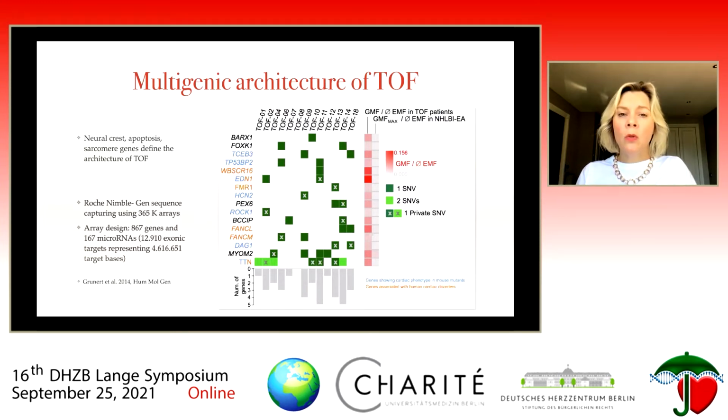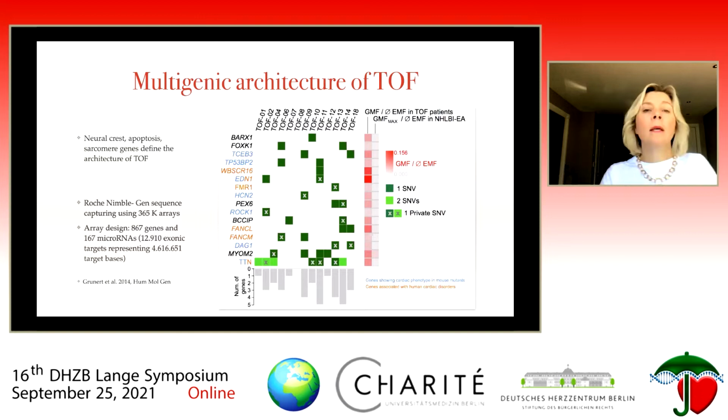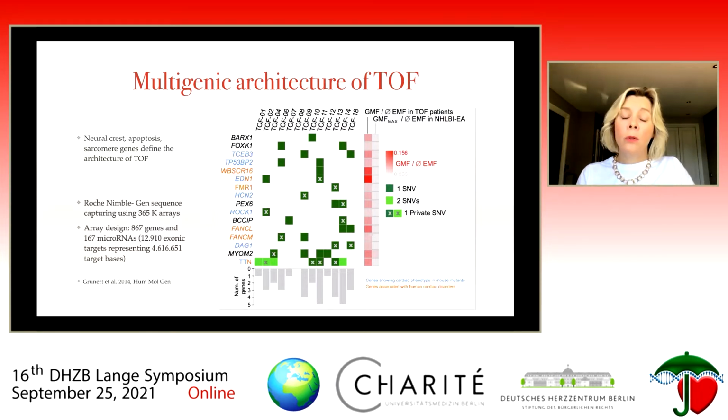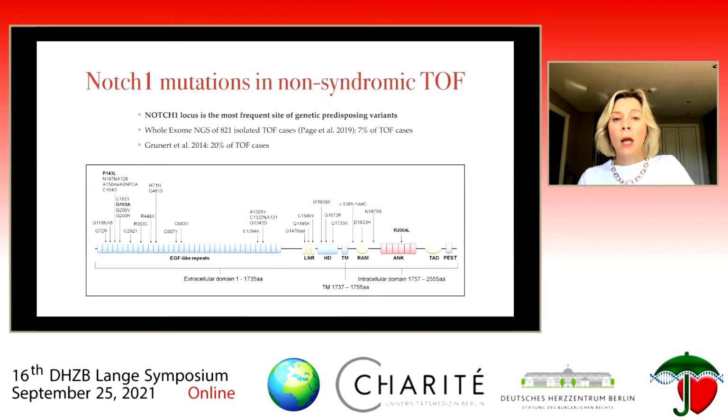However, with statistical tools, even back then, we could show that there are multiple well-known genes affected in combinations in the different TOF cases. And I think this gave the first genetic architecture.